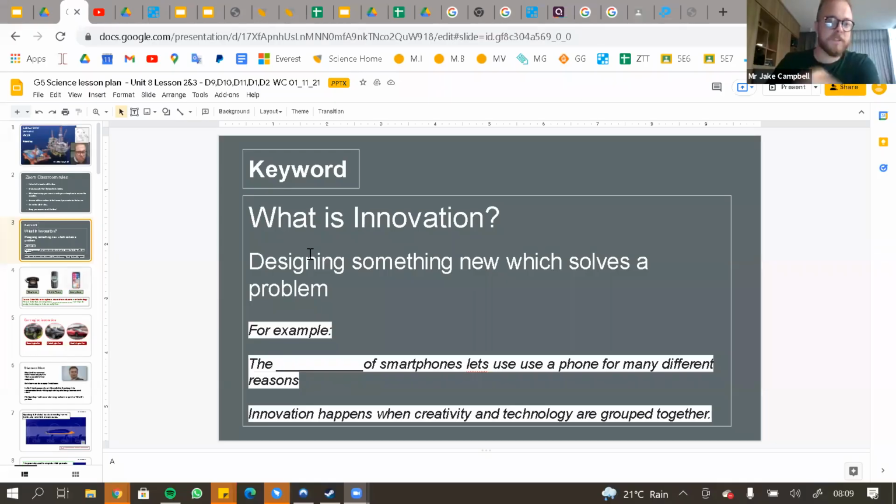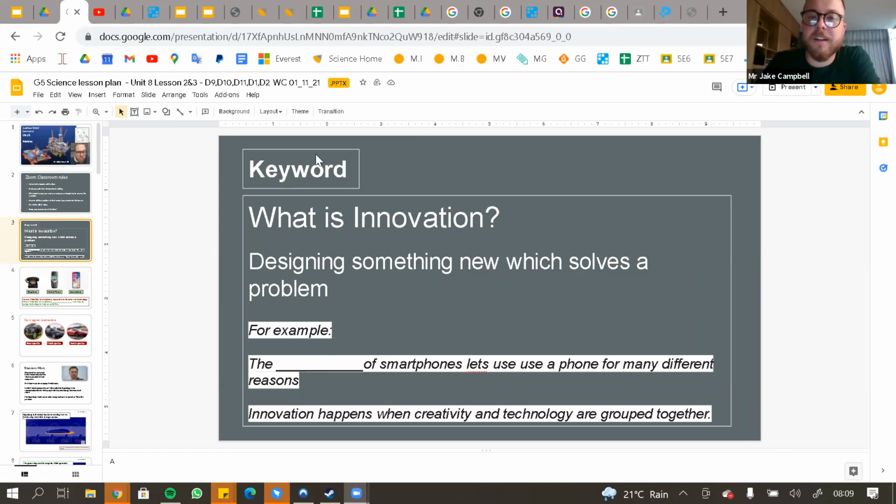All right, but first, class, before we study him, we need to understand this word. James, can you read the question? And Ruby, read the description. Designing something new which solves a problem.